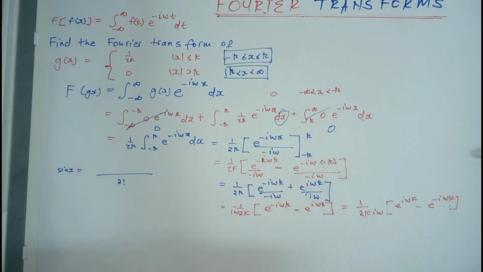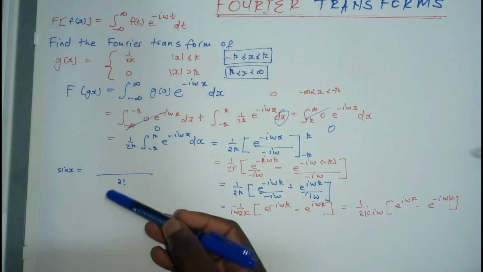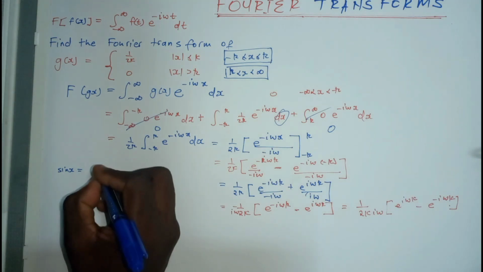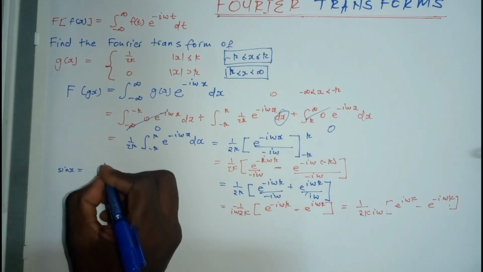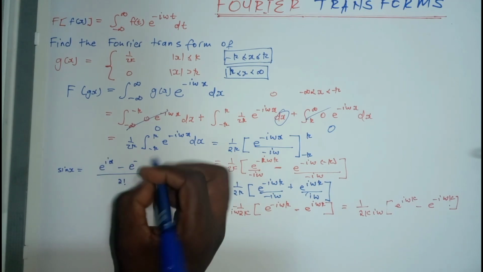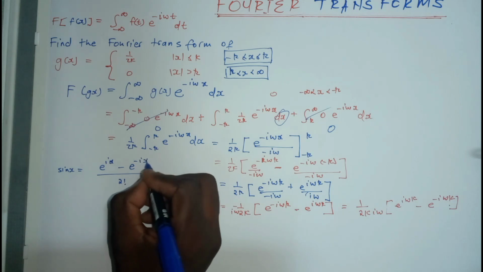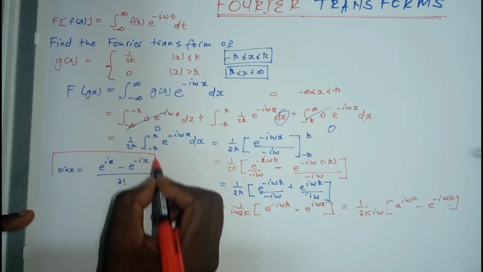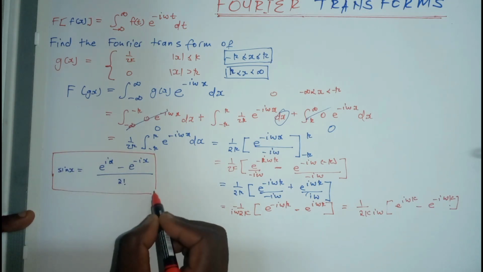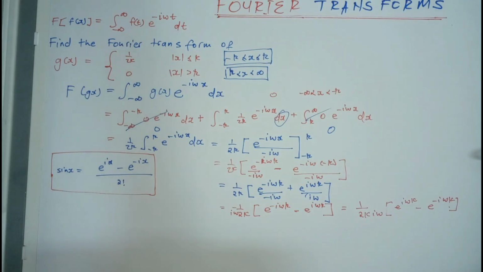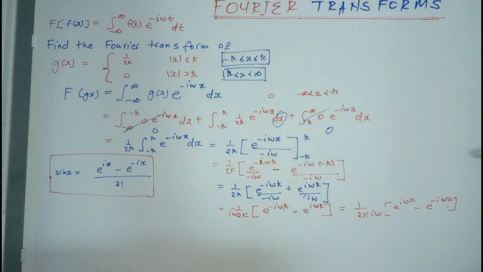The identity for sine x in complex variables is e to the power i x minus e to the power negative i x, over 2i. You should remember this, as it's very helpful, especially in Laplace and Fourier transforms. This is the short method, and it's also the most recommended method which I'm showing you.